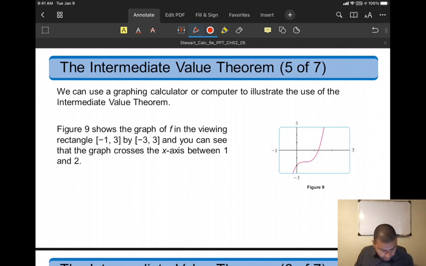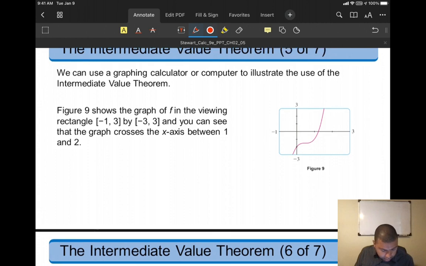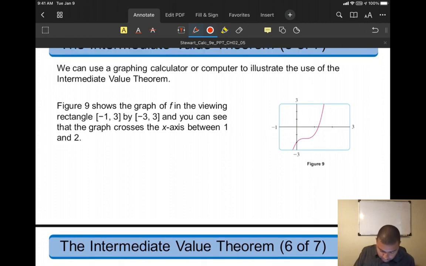And here's what they're trying to show us. They're showing the graph of f in the view rectangle between -1 and 3 for x, and between -3 and 3 for y. You can see that the graph crosses the x-axis between 1 and 2. The graph actually goes all the way up to 14, but you can see that it does cross way before.